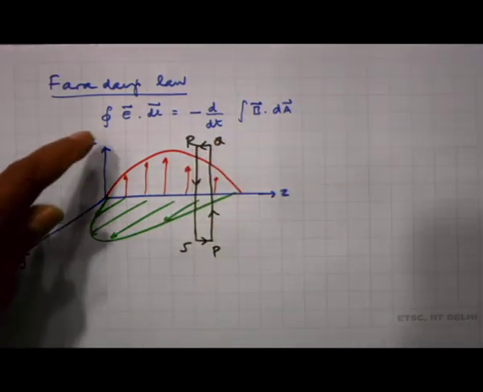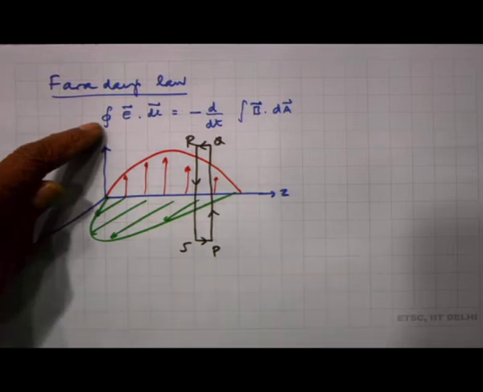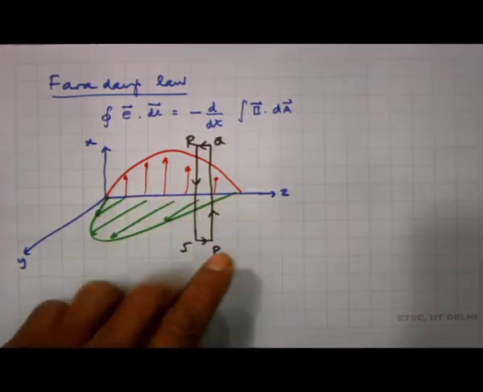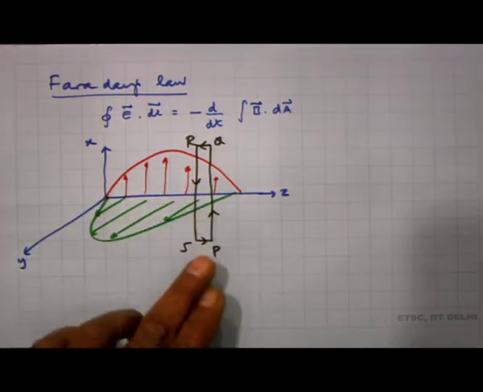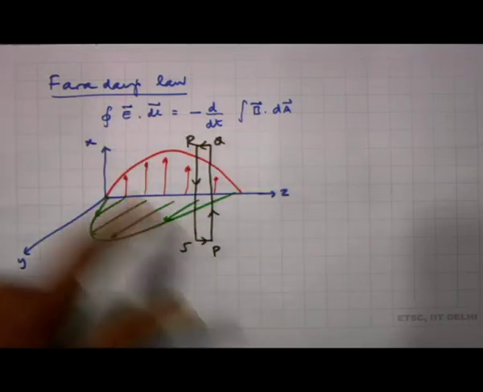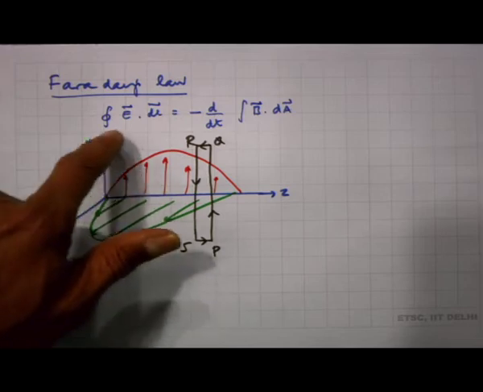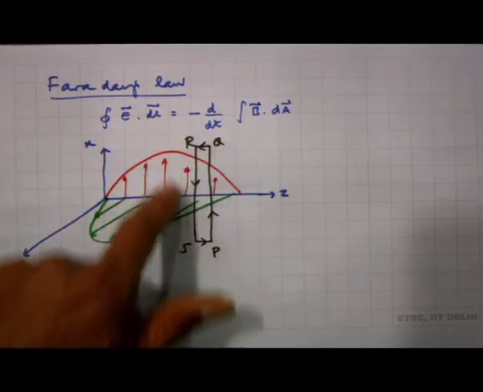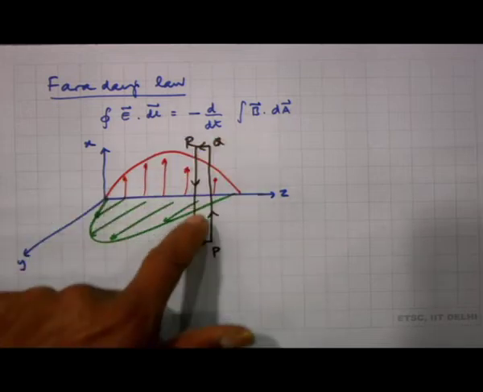Look here, the left hand side has an integral over a closed path and the right hand side has the magnetic flux. So, I take a loop P, Q, R, S in the xz plane, and I want to find out under what conditions I am satisfying this equation. So, there is an electric field here and there is a magnetic flux passing through this.